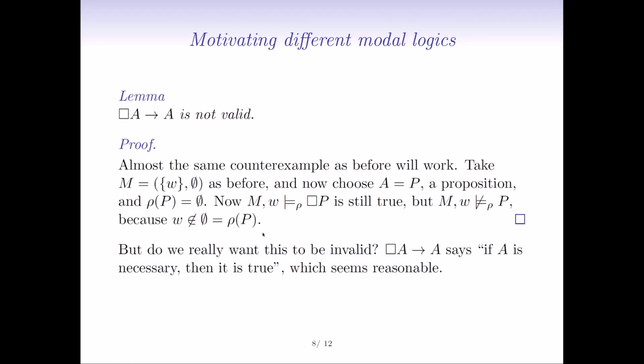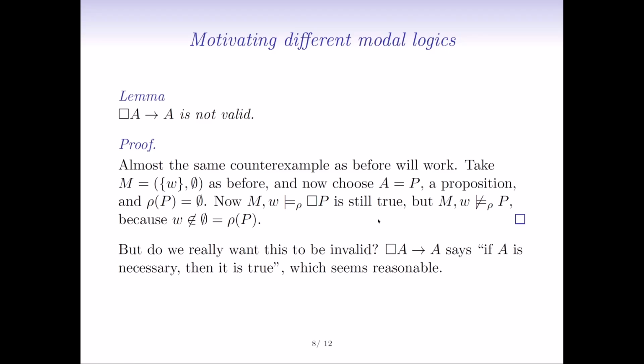In fact, we've chosen it deliberately to make sure that W does not turn up in the valuation of P. So that means that the implication box P implies P is not true at world W, and so it's definitely not true for all formulas A. So it's not valid in this frame, and therefore it's not valid, because it's not valid in all frames.